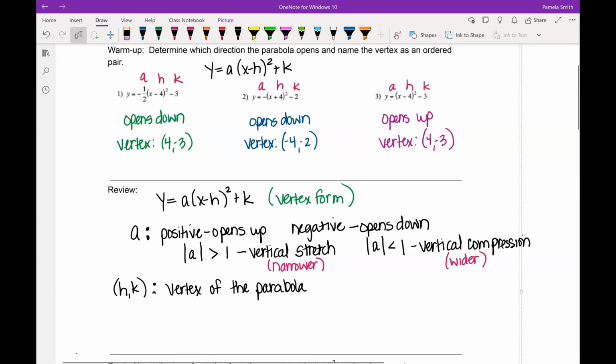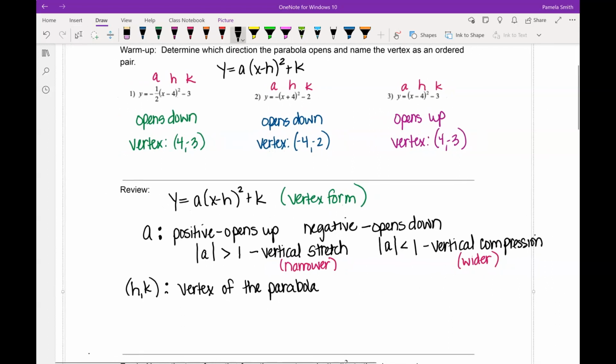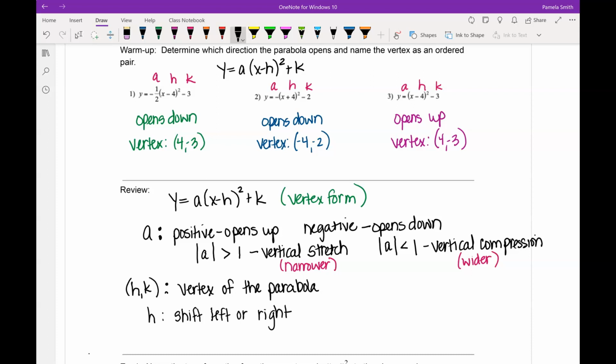H is the shift left or right, sorry. And K is your shift up or down.